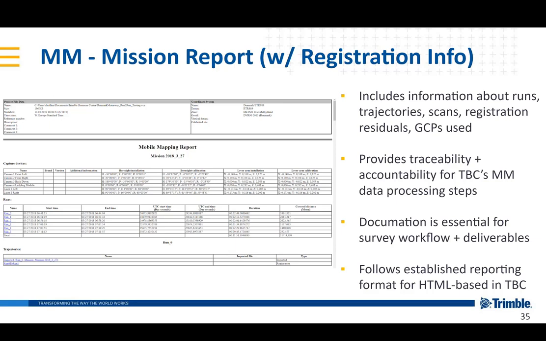This follows established reporting format for HTML-based reports in TBC. This screenshot here on the left shouldn't look any different than any other HTML report format that's been in TBC for quite a number of years now. So consistency there with our mobile mapping MX9 mission report.